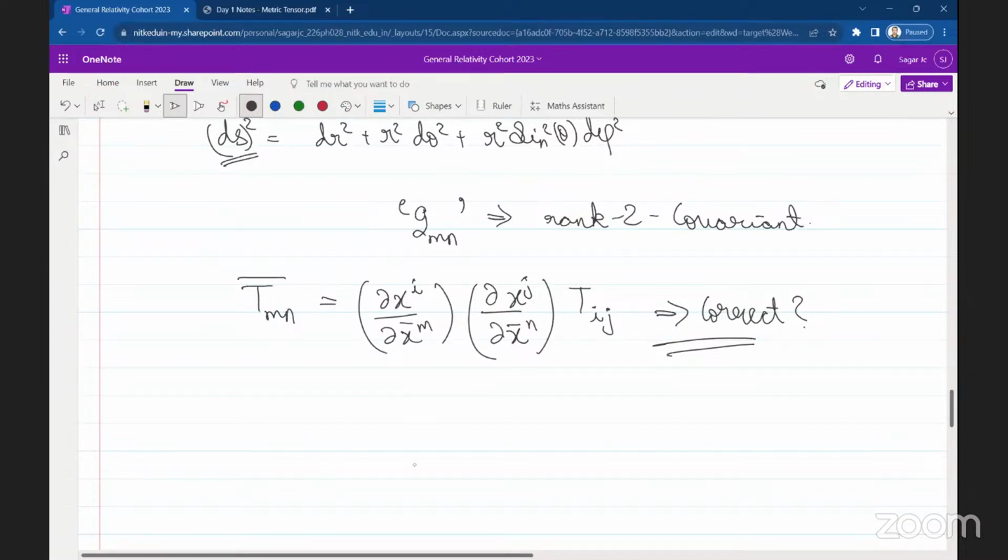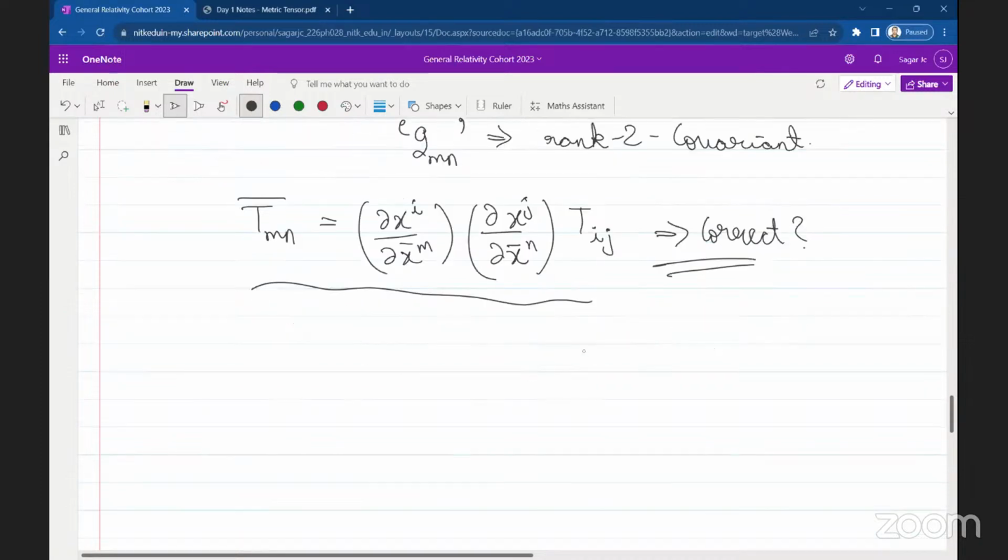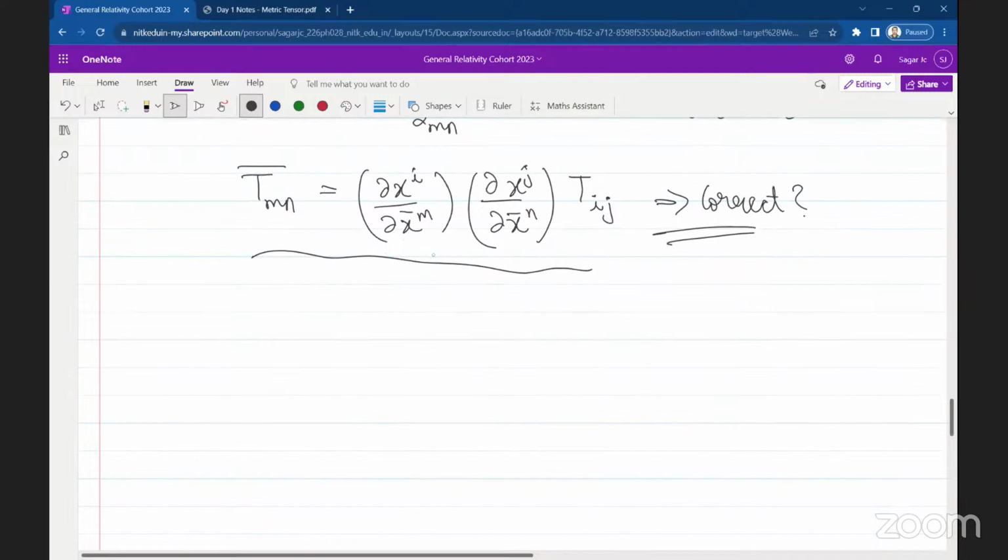So tell me, is this transformation property correct for a covariant rank 2 tensor? Yes. Okay. So if it's correct, fine. Yeah, it is actually correct.